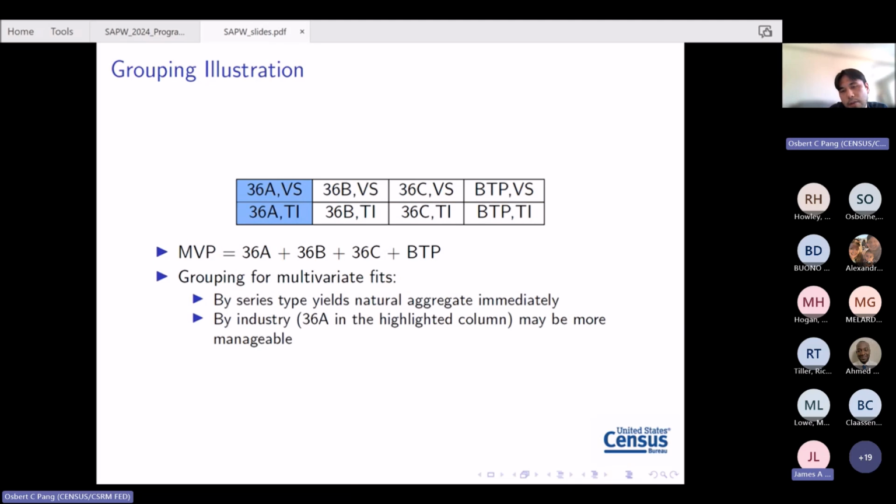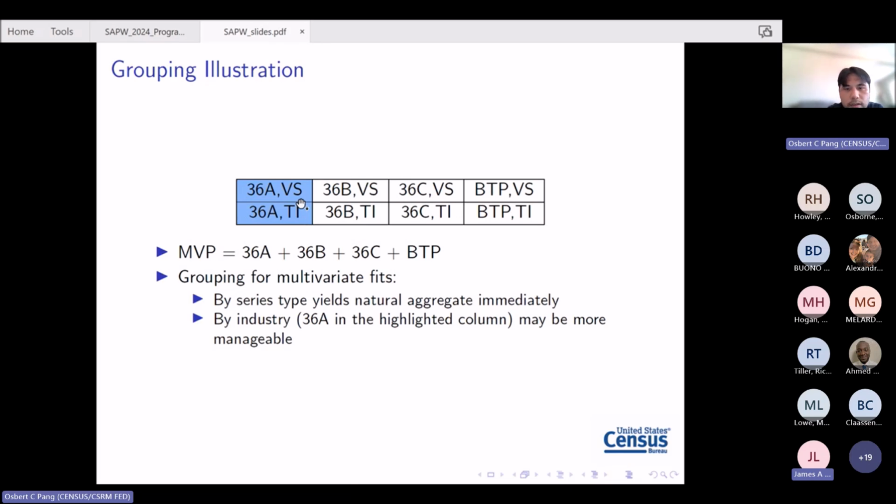The alternative way we might consider grouping is by industry. In the one I'm highlighting, we're grouping automobiles, and modeling value of shipments and total inventories together at the same time. In one way, we might argue that grouping it this way may yield series that are more strongly related.